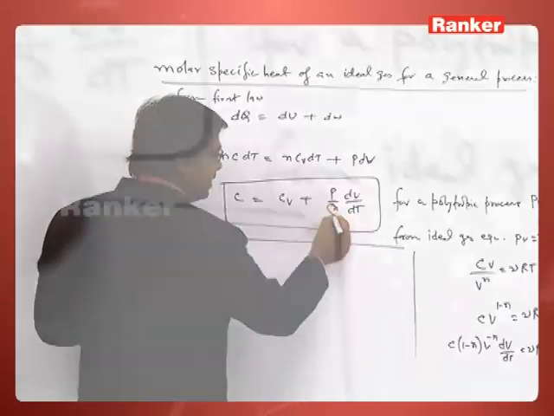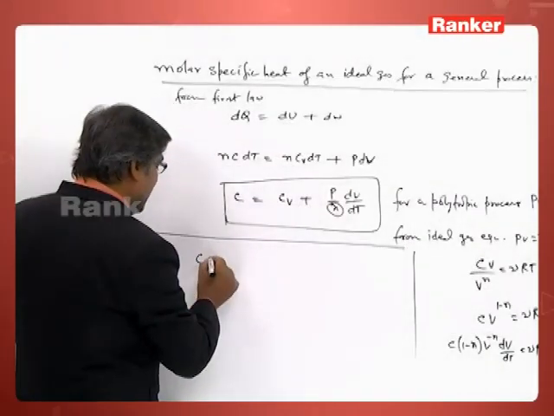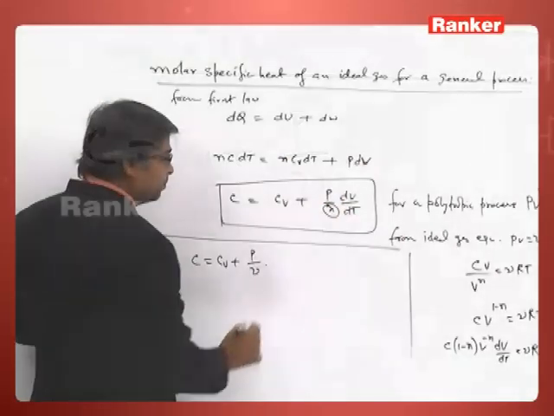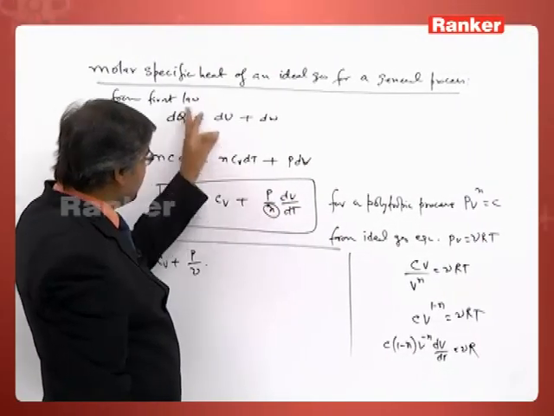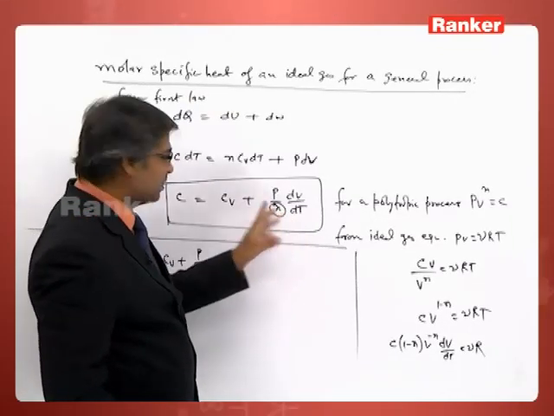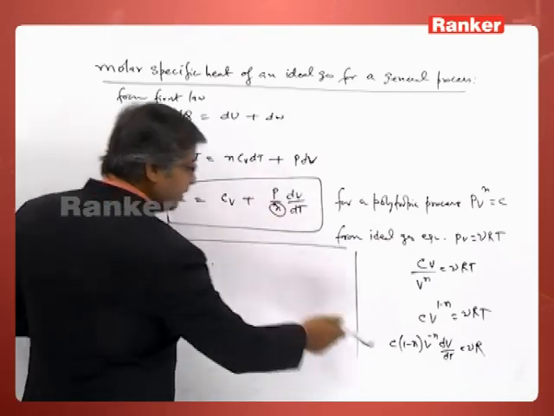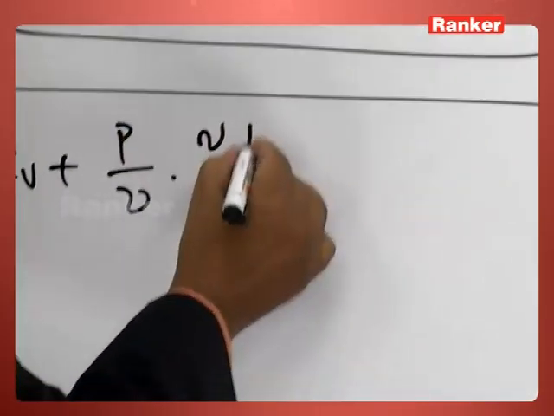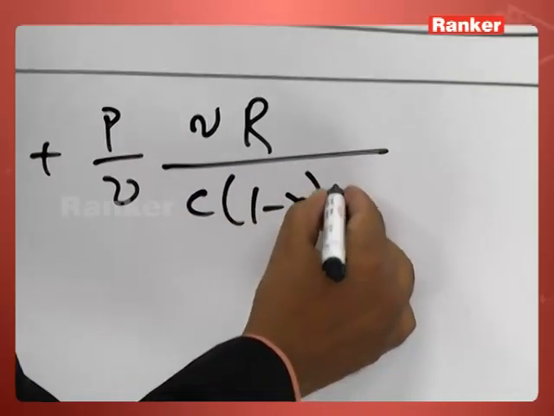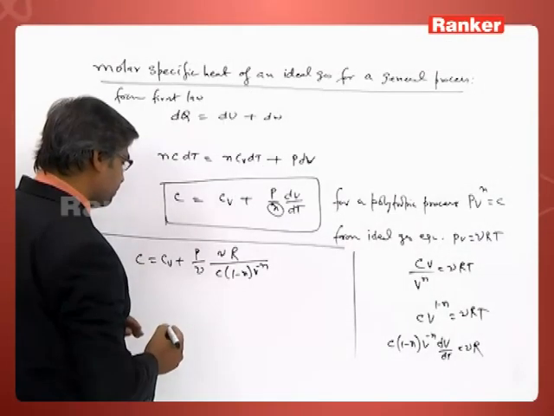Remember, we will replace this n by nu. So we have C is equal to CV plus P by nu, because n in the previous discussion we took as the number of moles. Here I have replaced it with nu. So dV by dT is nu R by C 1 minus n V to the power minus n.